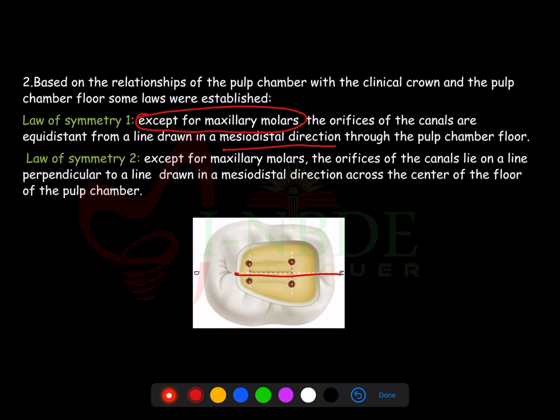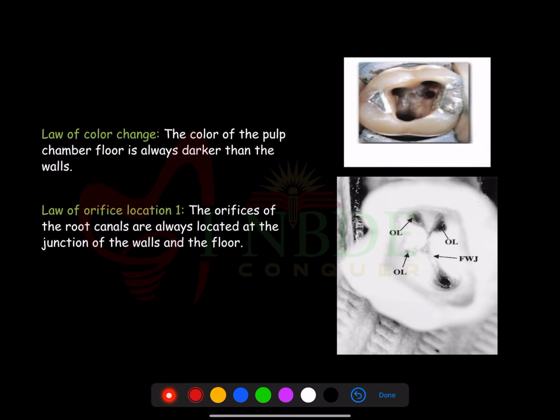Law 2 says that, except for the maxillary molars, the orifices of the canals lie on a line perpendicular to the line drawn. Okay, this is a line. If you draw a perpendicular line across the center of the pulp chamber, they lie in the same area. So this is law 1 and this is law 2 of symmetry.